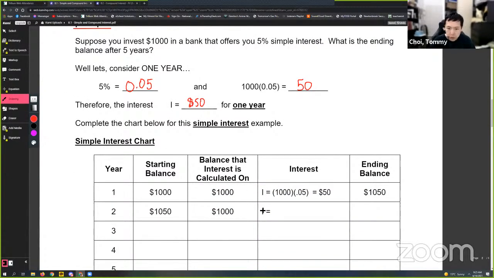So when we complete the chart here, just like we did before, so now on year 2, we have 1,050 in our bank account, but the interest only calculates from the 1,000 that we started. So if we do another 1,000 times 0.05, we're going to get $50 again, which means at the end of the year, I will have 1,150.